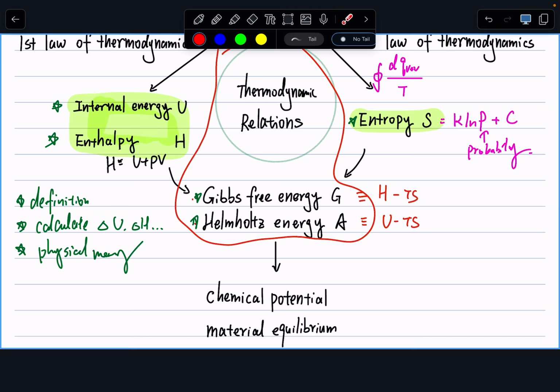But nevertheless, at the end of the day, we can express my dS as Cp over T dT minus alpha V dP.